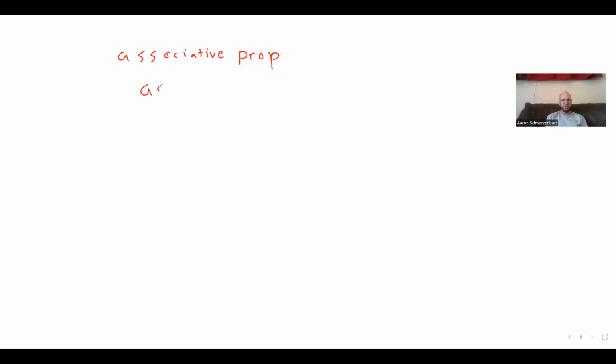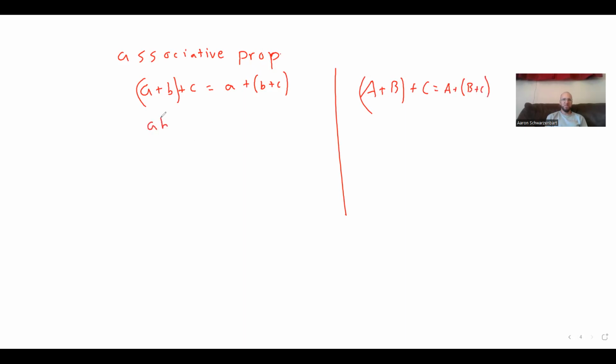So with addition, it's A plus B plus C equals A plus, I can add B and C first before I add it to A. That also holds true for matrices. I'm using capital letters here for matrices. And it works for addition, or for multiplication.